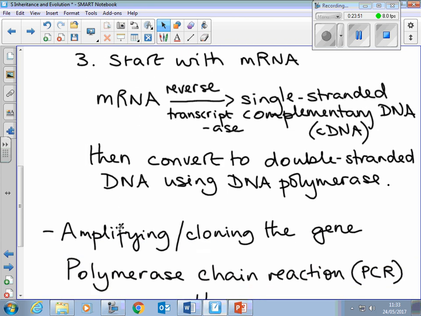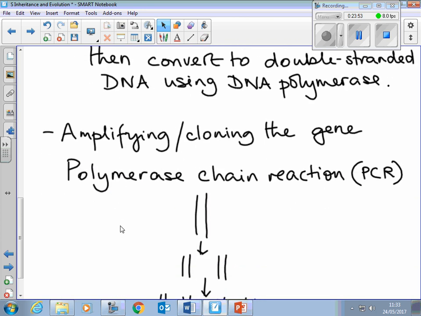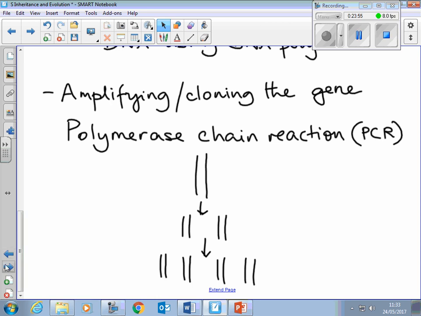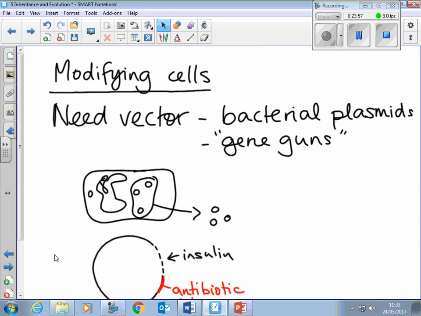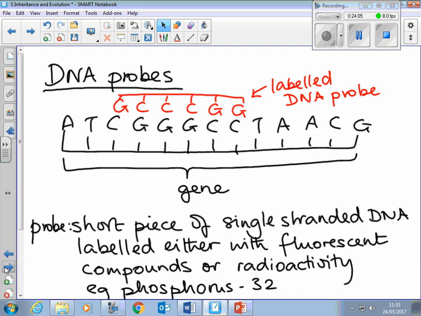So this bit doesn't really come into the exam. Well, not directly, I suppose. It could do with the gene probes bit. I've got this in the wrong order.